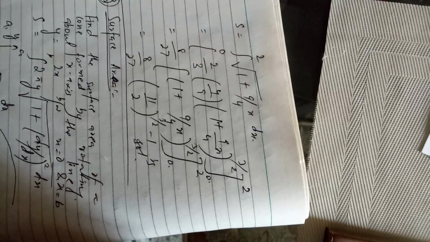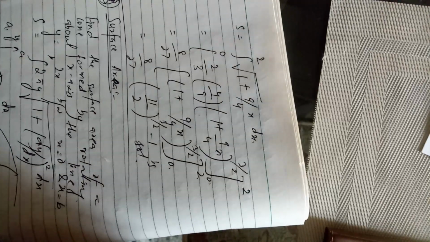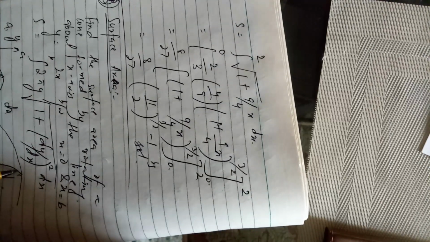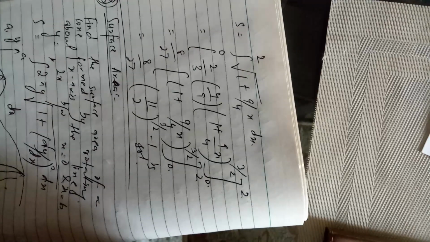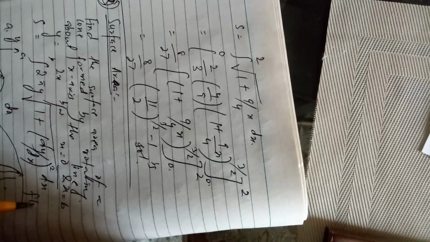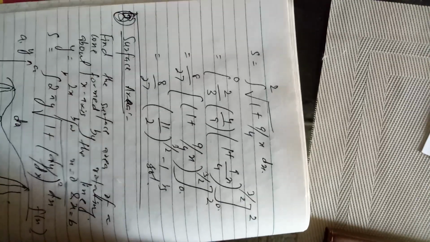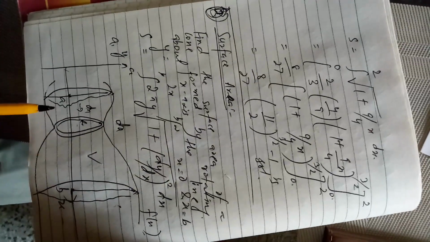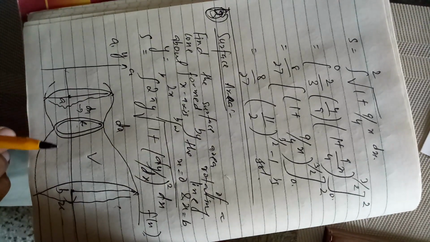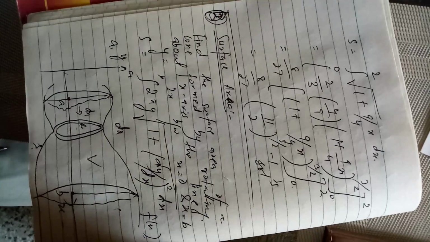You can have it like this, and this one is b. f of x is equal to a into x, and we have this in front of us, and now this is the surface area S.